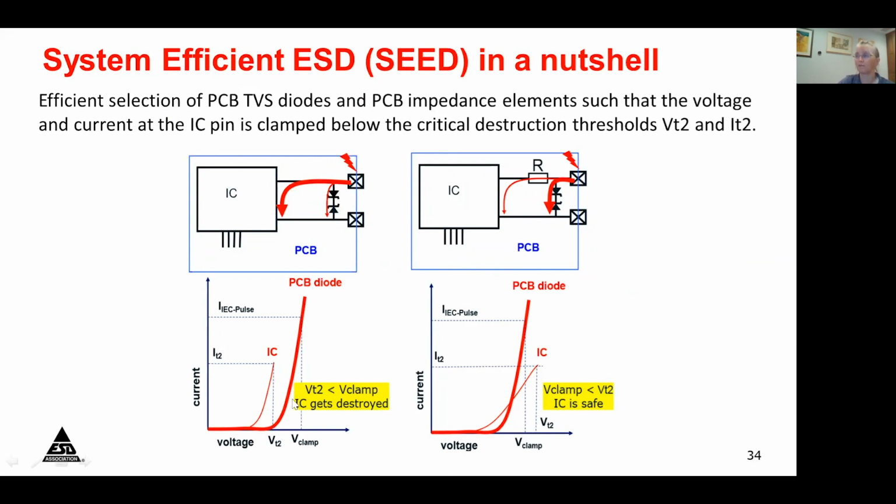So for example, in this case, if the threshold voltage for the external clamp is too high, it looks good in the schematic, it looks good on the PCB, but all of the energy is going into the chip, and it's not actually doing its job to protect. So in that case, something like adding a resistor or some kind of impedance to direct the current to the primary protection is needed.